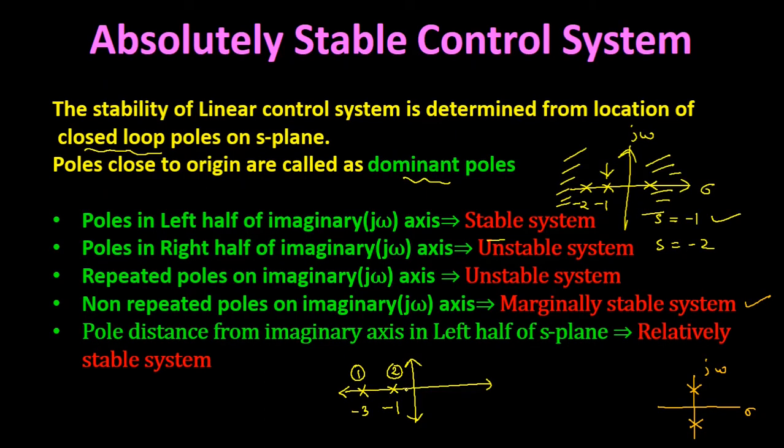That means if the pole distance from the origin increases, then the stability of the system increases. That means the stability of system 1 will be greater than the stability of system 2 because the pole of system 1 is far away from the origin.